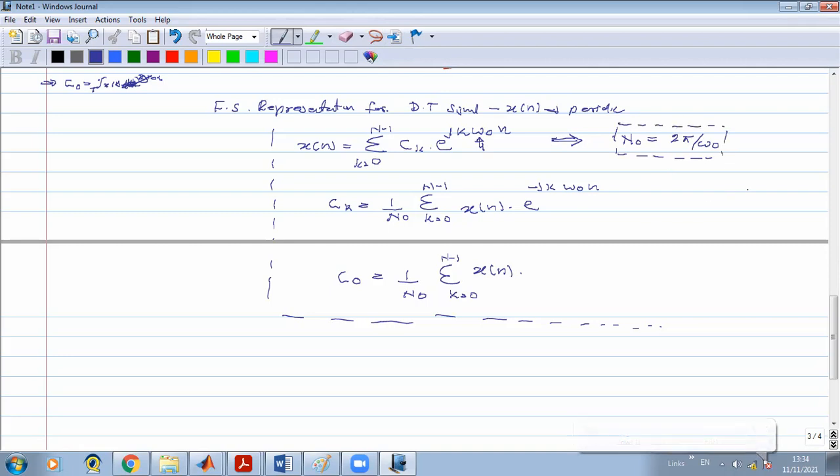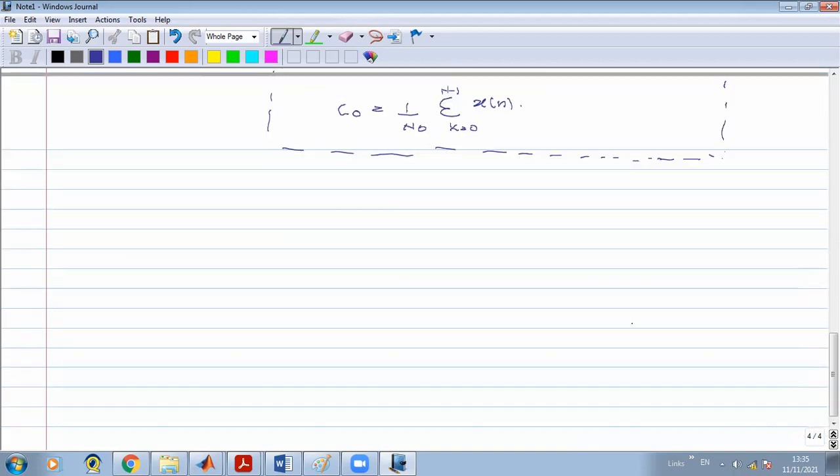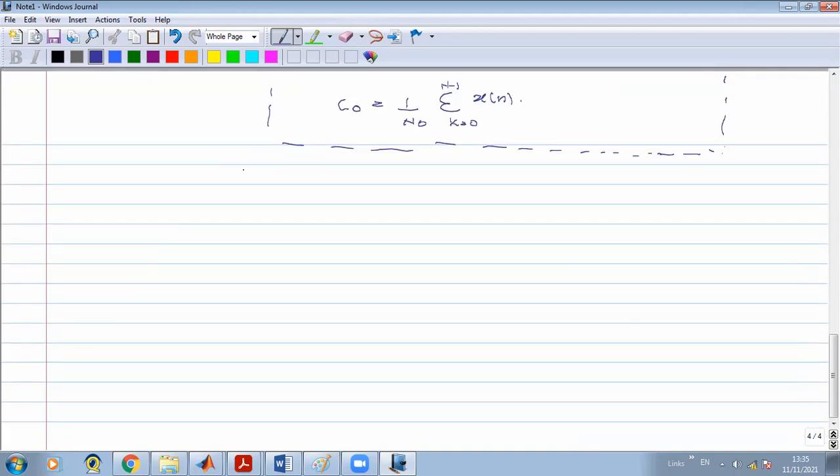We will do some examples. Before going to the Fourier series representation, we will try to find the period of a discrete time signal.